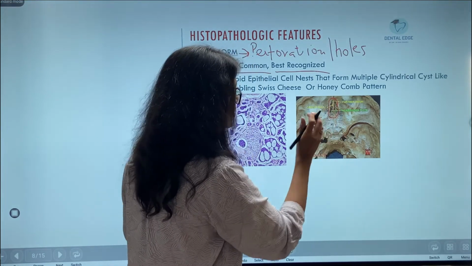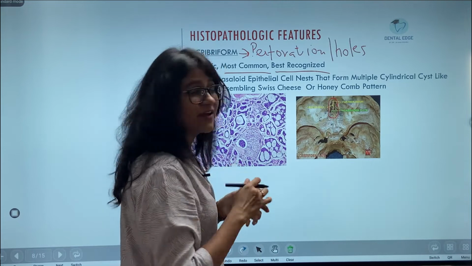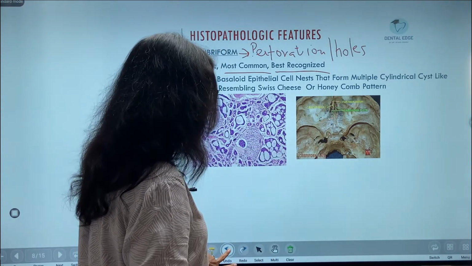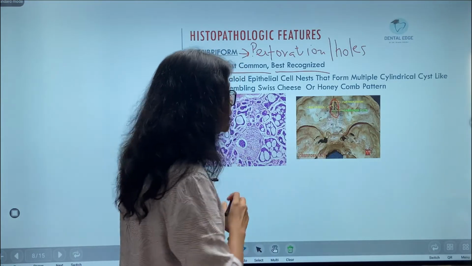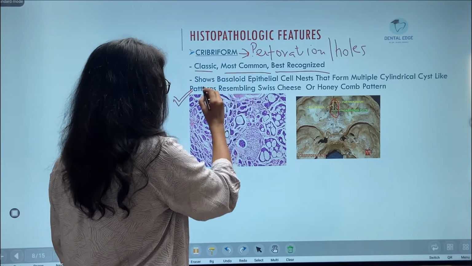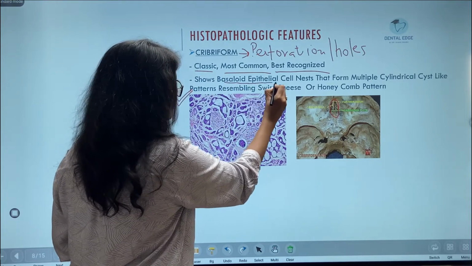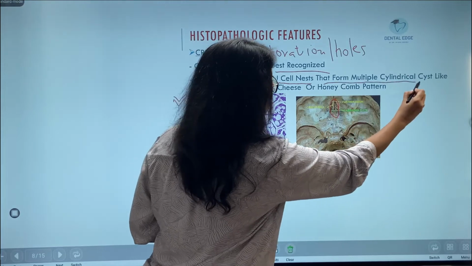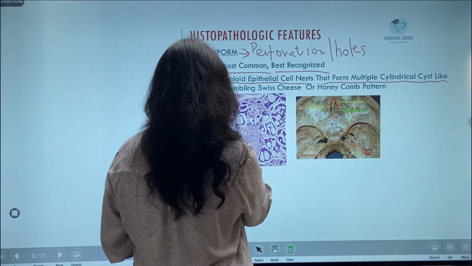Therefore, it was called a cribriform plate. When we studied skull in anatomy, you must have read about this, right? So, in adenoid cystic carcinoma, there is presence of basaloid epithelial cell nest that form multiple cylindrical cyst-like patterns.